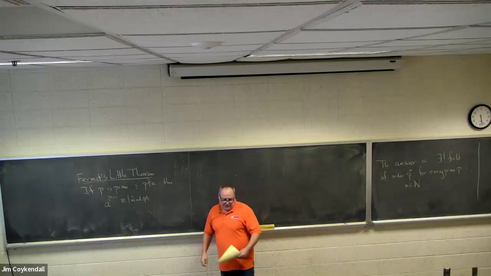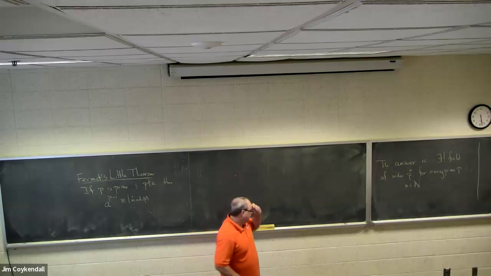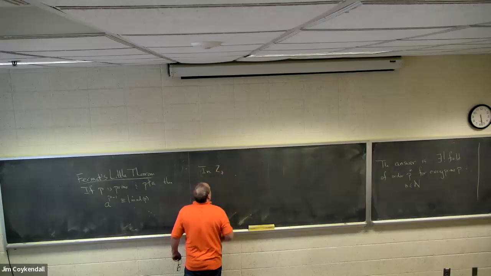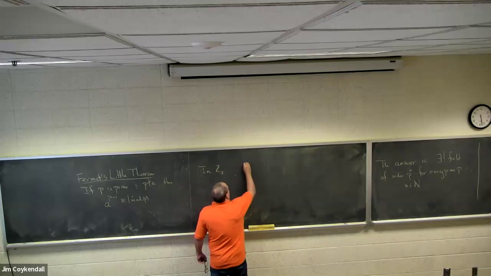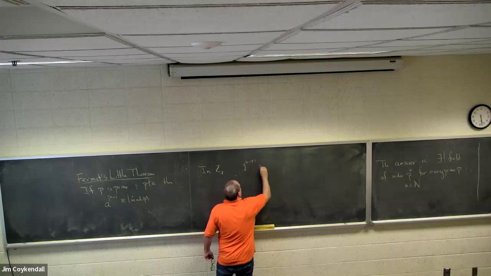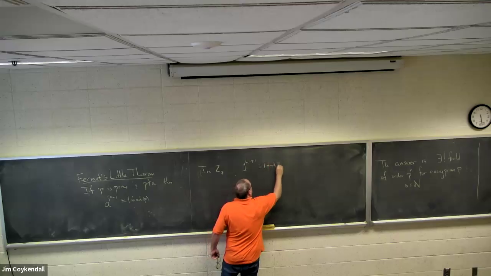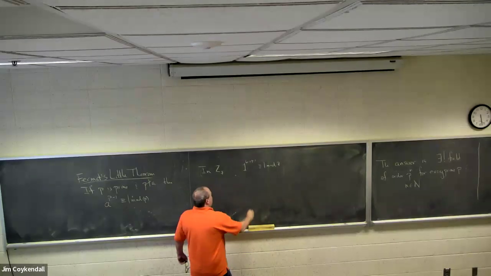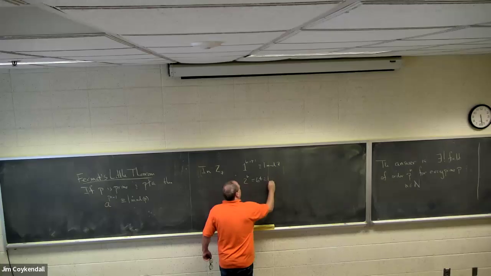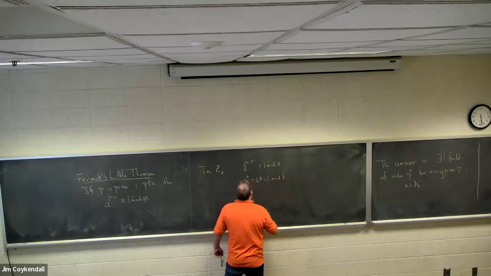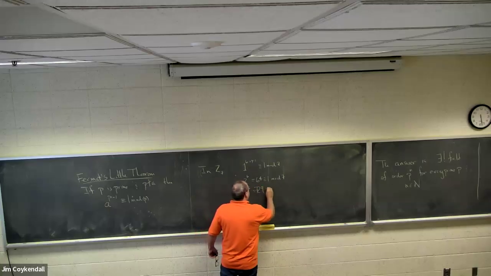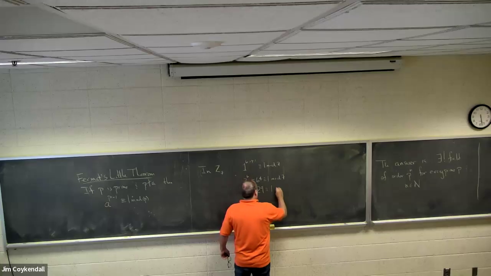But you can see this in action with Z mod 7. One to the 6, which is p minus 1, is congruent to 1 mod 7. It is 1 minus 1, 0. 2 to the 6, which is 64, is congruent to 1 mod 7. 3 to the 6, which I guess is 729, is equivalent to 1 mod 7.